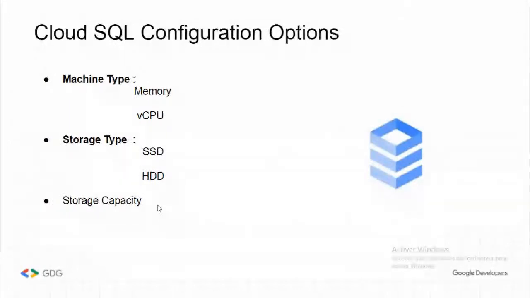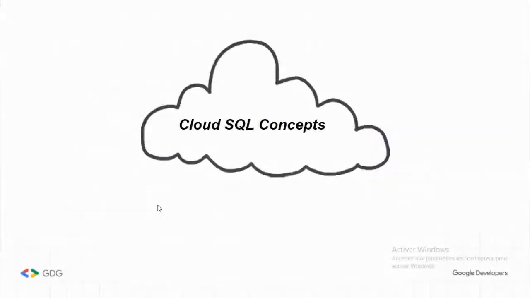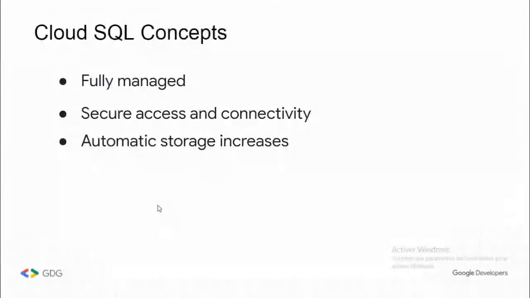Let's move now to Cloud SQL concepts. In the next slide, we will describe all the features and capabilities of Google Cloud SQL with MySQL, PostgreSQL, and SQL Server, which means we will talk about all the shared features between them.